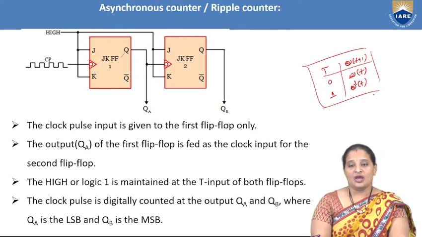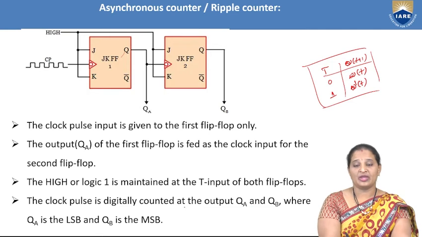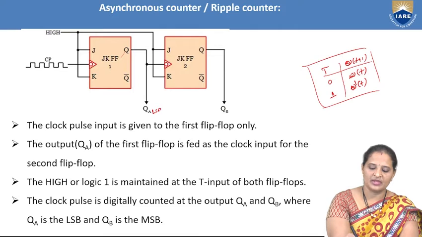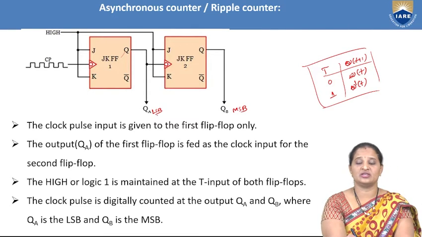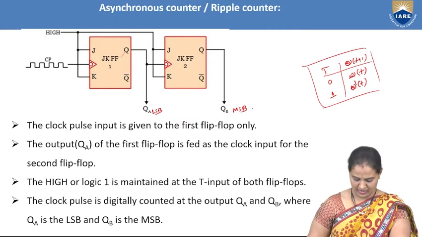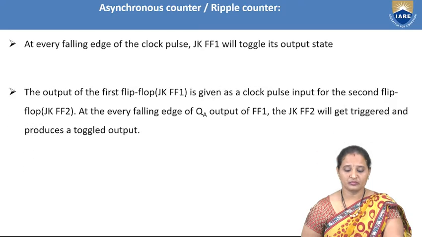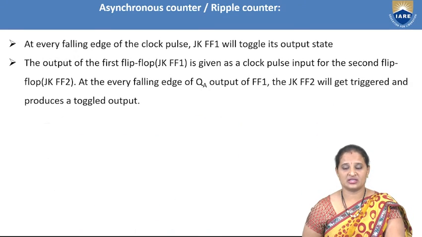Now we are taking the output from the two flip-flops QA and QB, where QA is considered as the LSB and QB is considered as the MSB. I hope you know that LSB is the least significant bit and MSB is the most significant bit. Now let us analyze the output of this 2-bit asynchronous counter.